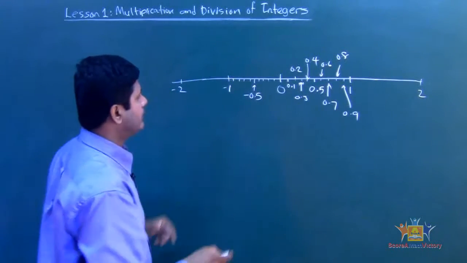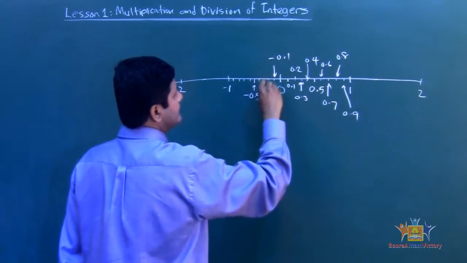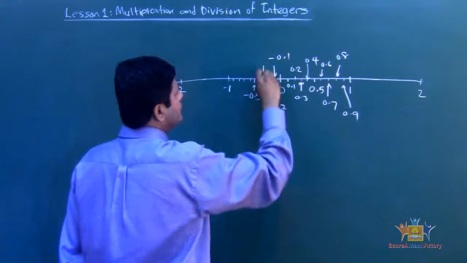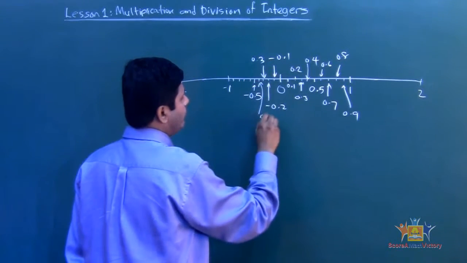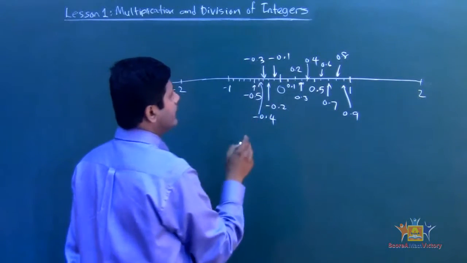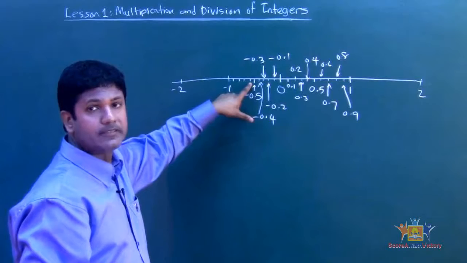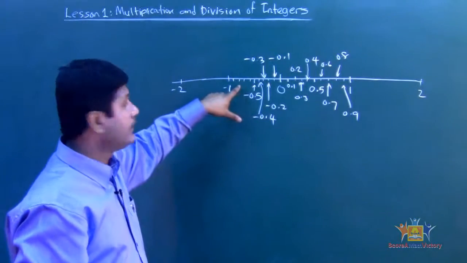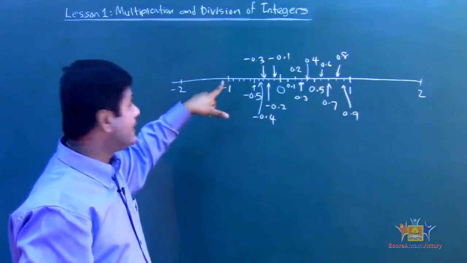So this is considered negative 0.1, this is negative 0.2, negative 0.3, negative 0.4, and this is negative 0.5, negative 0.6, negative 0.7, negative 0.8, negative 0.9, negative 1.